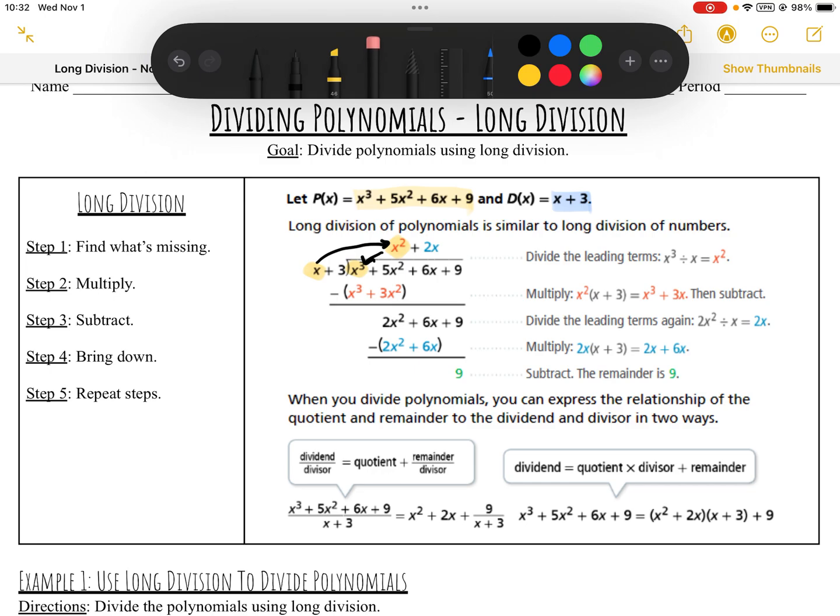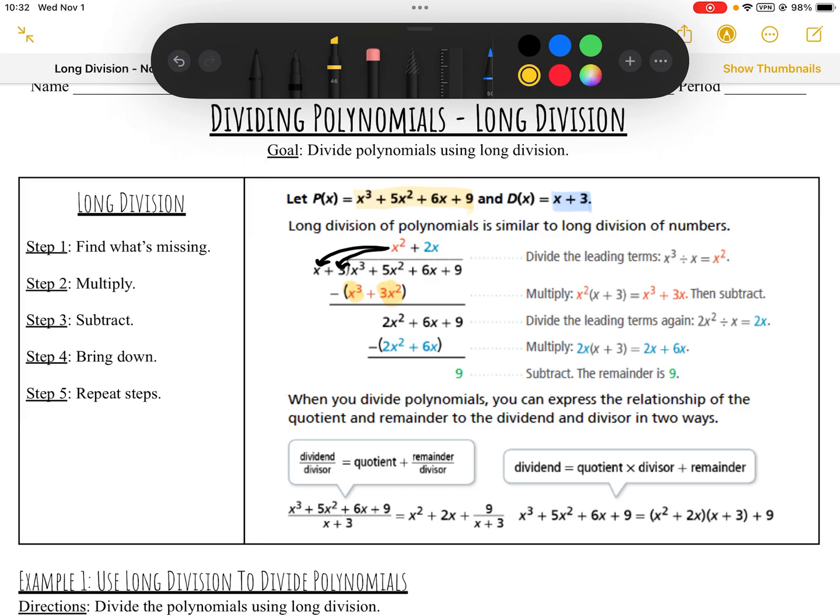After I figure out that I need x squared up top, I'm going to multiply x squared times x, which gives me x cubed. Then x squared times 3 gives me 3x squared. So first I found what was missing, that x squared. Step 2, I multiplied.